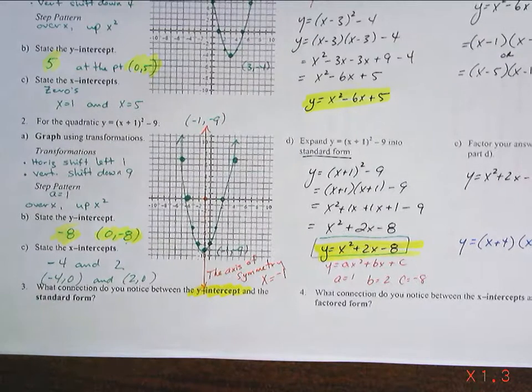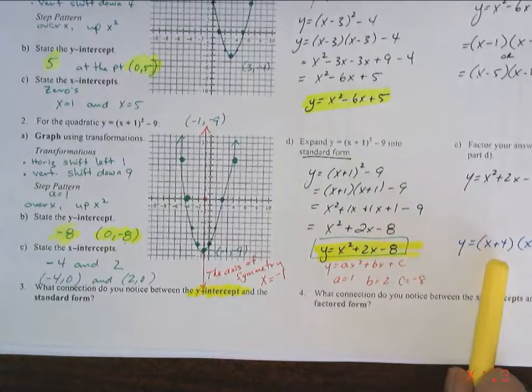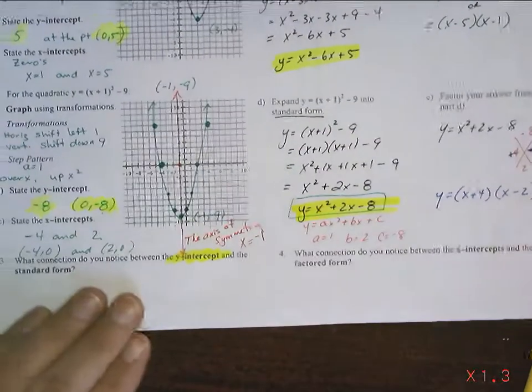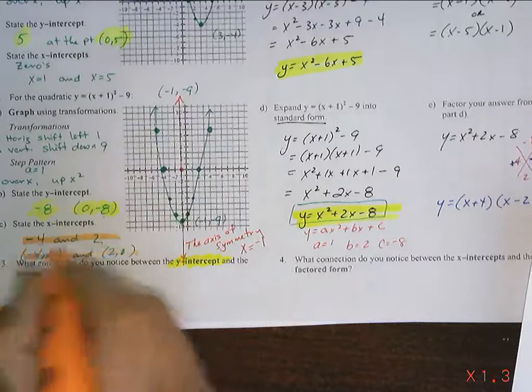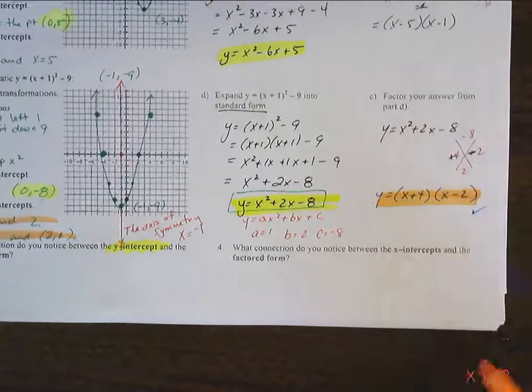Now, the next question is, what do you notice between factored form? Did you notice I slipped a new form in here without really telling you? We have standard form, we have vertex form, and you now have a new form, factored form. It's what it looks like when it's factored. So my question to you is, what do you notice between these numbers and the factored form?